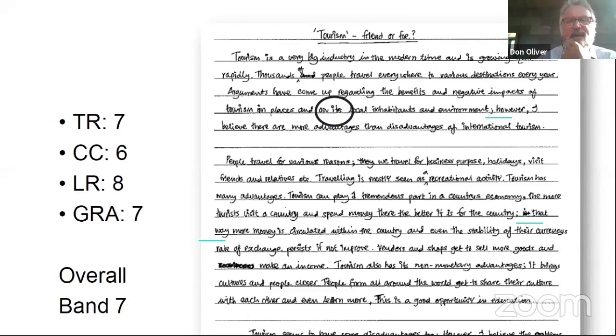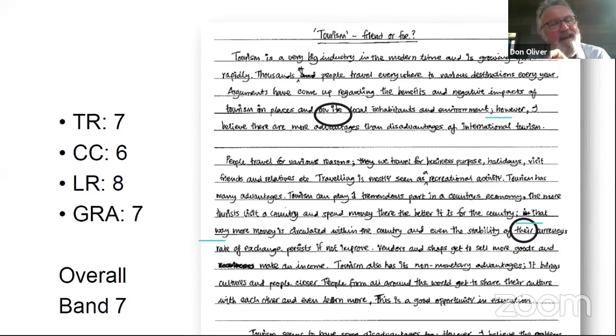If you keep going here, you'll see that there are other mistakes with pronouns. More money is circulated within the country, and even the stability of their currency's rate of exchange persists. Well, here, within the country is singular, but here we talk about their currency.